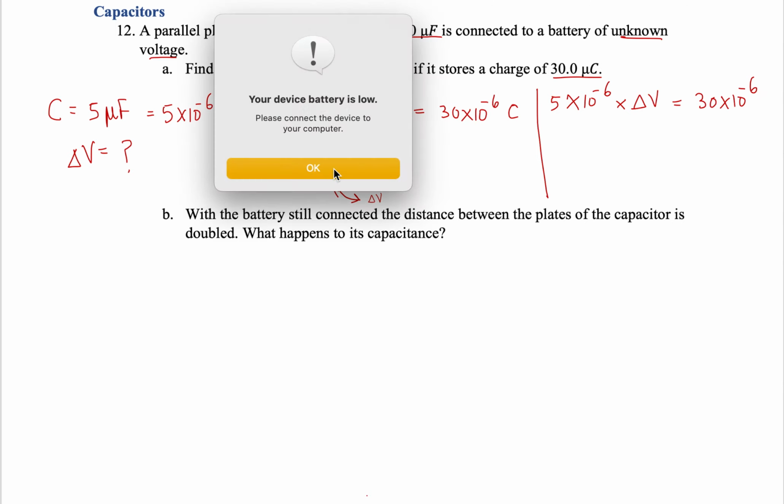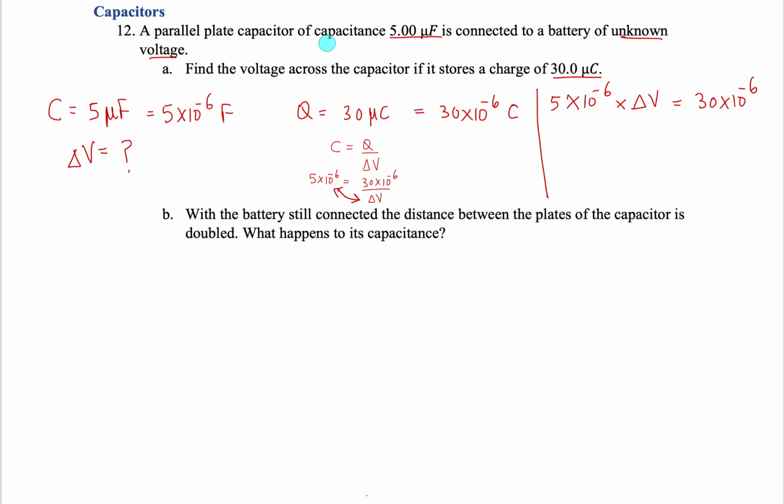Then we want to get delta V alone, so we'll divide both sides by 5 times 10 to the power of negative 6.